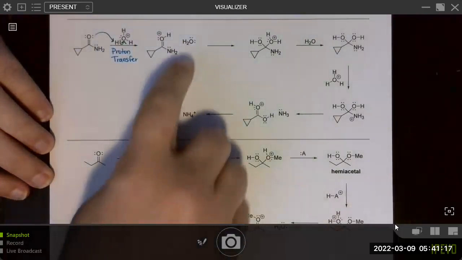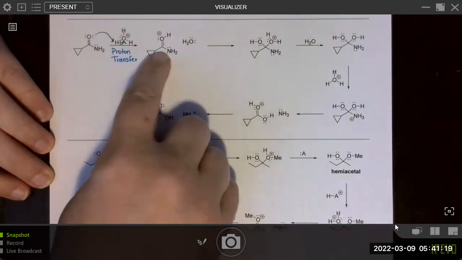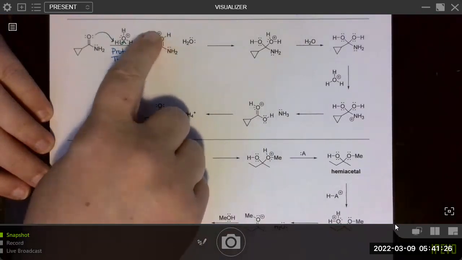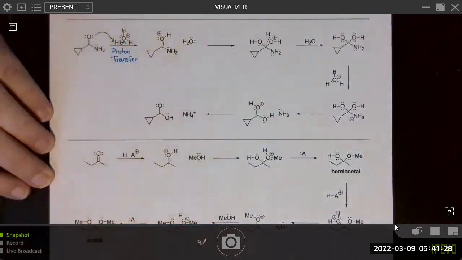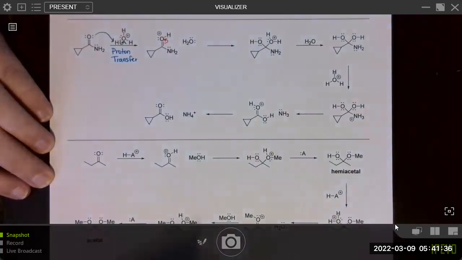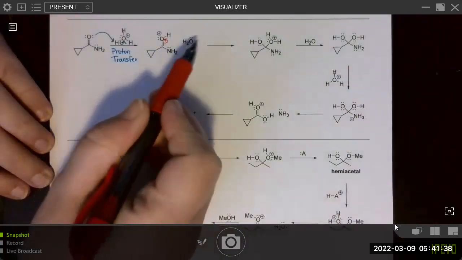And then it looks like water is going to do a nucleophilic attack here to make another carbon-oxygen double bond. And we will have a resonance arrow to move electrons up to the oxygen. Right, so let's draw the resonance arrow in a different color. This one is the resonance arrow. That will place the positive charge here.